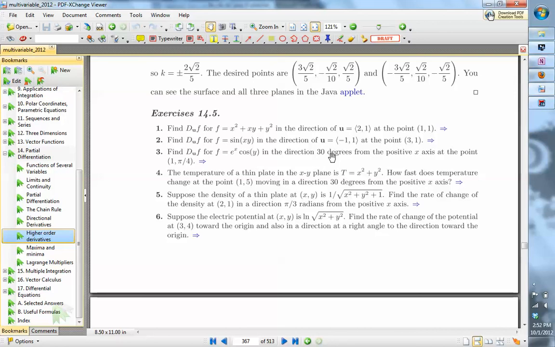And then the direction 2, 1, you sort of move around until you get to the direction 2, 1, and you look up at the surface and you ask yourself, how is it changing up there? And that's what the directional derivative gives you. So you need all of these prerequisite pieces in order to even formulate the question. Where are you interested in this derivative? And in what direction are you interested in this derivative?